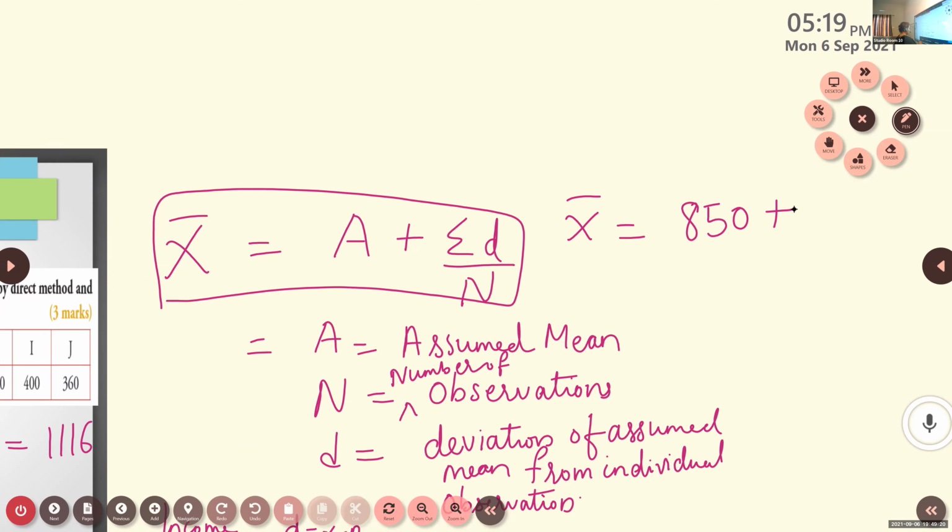Pranav, did you get sigma D? Ma'am, we should add all the D's, right? All the D's, whatever deviation you got, you have to add. That is sigma D. There are minus signs also, so minus and plus signs come. Either add all the minus, add all the plus, then reduce it.